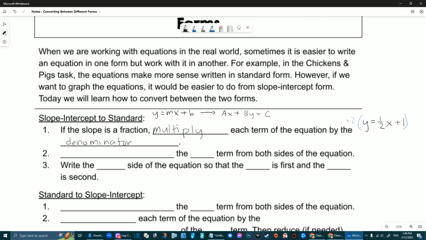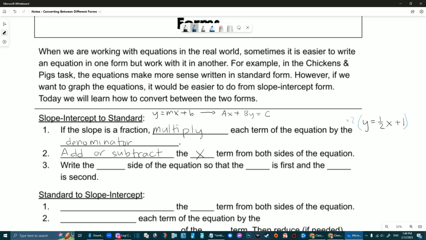Second step, we are going to add or subtract the x term from both sides of the equation.